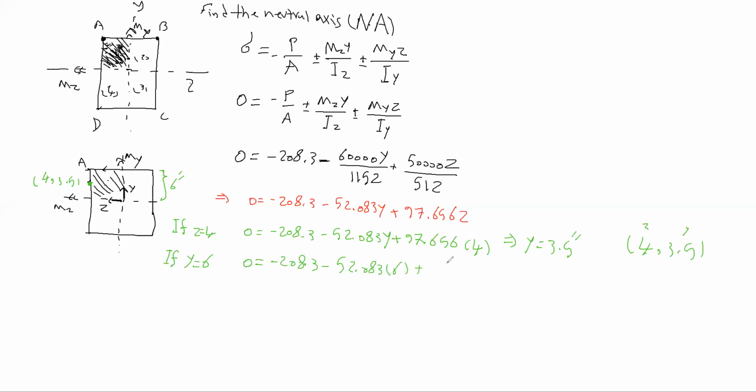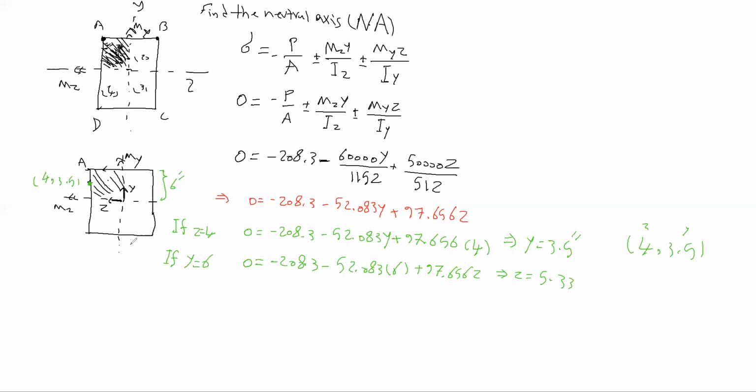So plus 90 times Z, just Z, and this Z is 5.33, right?